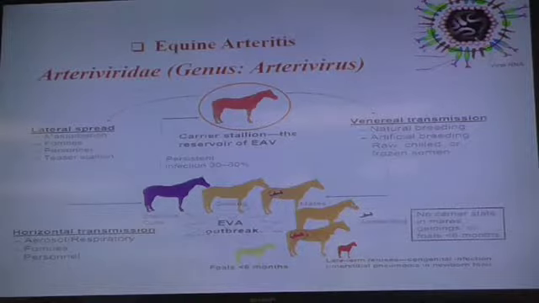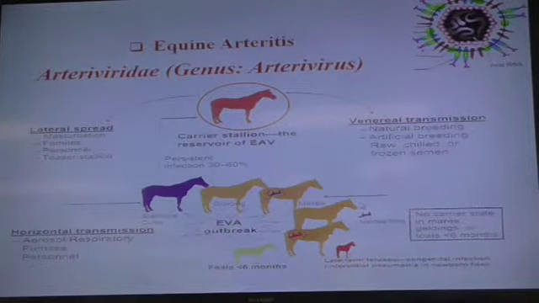Now, as I said, the venereal transmission can be either natural or artificial, and it can cause abortion in unvaccinated males.